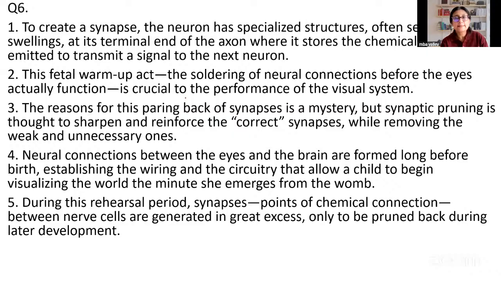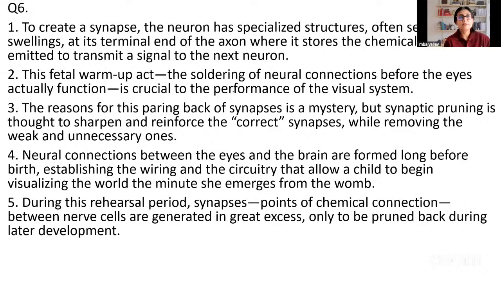Sentence 6 says, okay, I'll have to pull down this toolbar because I'm unable to read the first sentence. To create a synapse, the neuron has specialized structures, often seen as tiny swellings, at the terminal end of the axon, where it stores the chemicals that are emitted to transmit a signal to the next neuron.